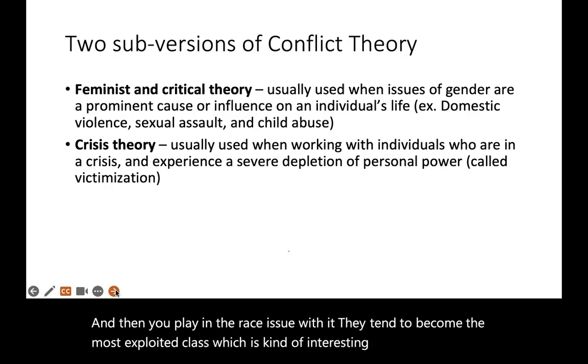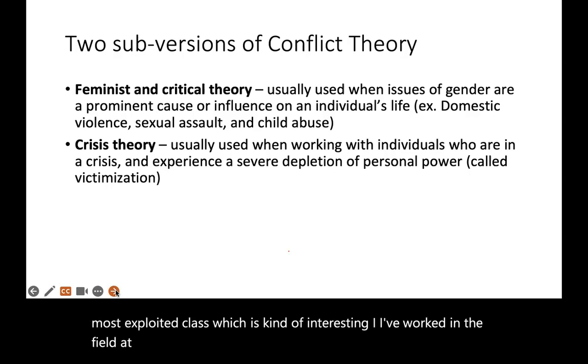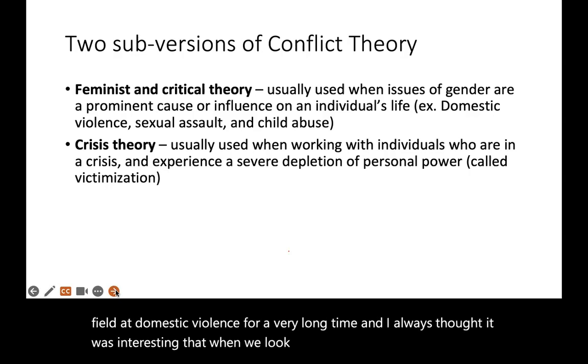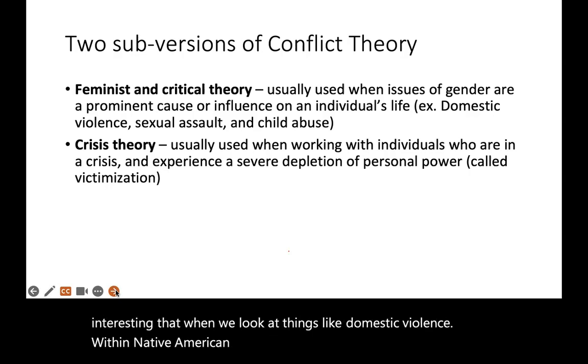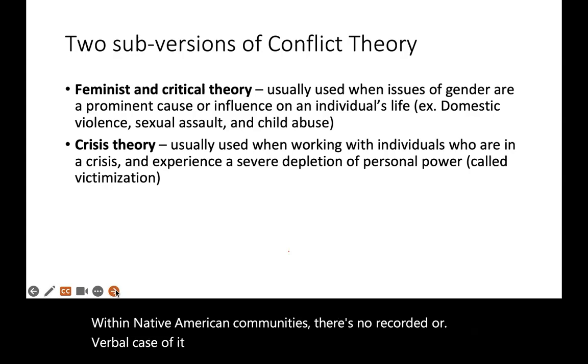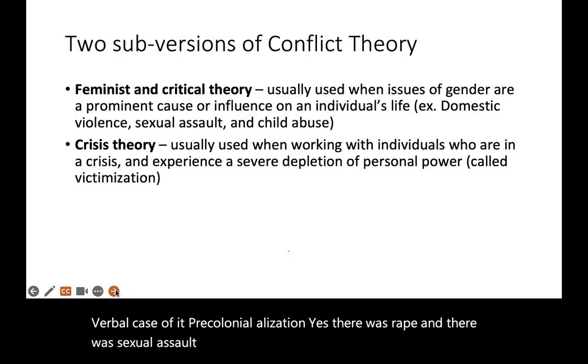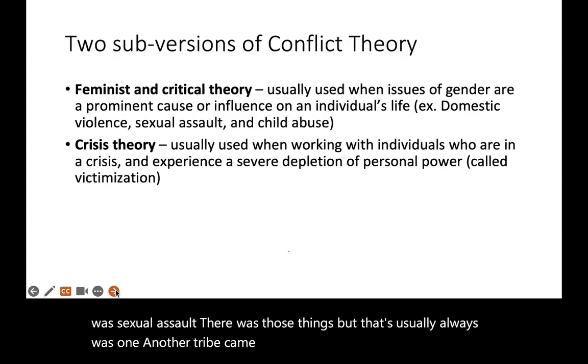I worked in the field of domestic violence for a very long time, and I always thought it was interesting that when we look at things like domestic violence within Native American communities, there's no recorded or verbal case of it pre-colonialization. Yes, there was rape and there was sexual assault, but that was usually when another tribe came into another tribe's community and sexually exploited those women.